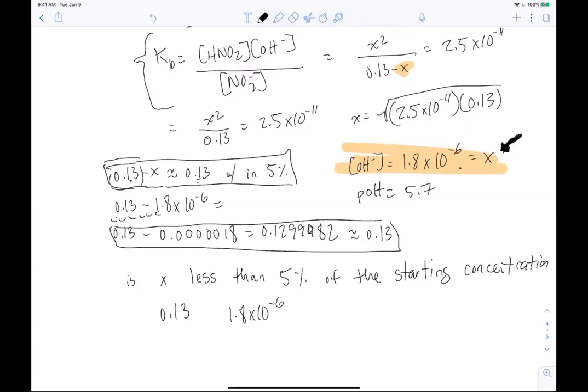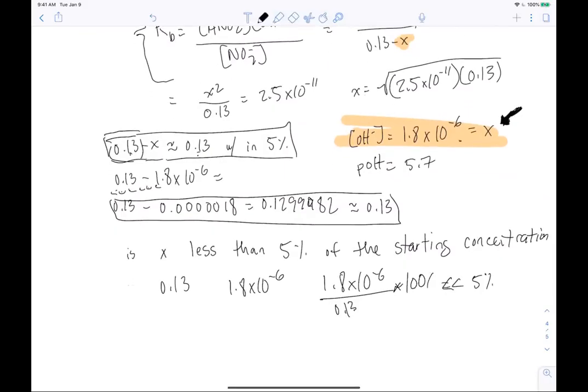So if I wanted to see if it was less than 5%, I could just divide those two numbers and multiply times 100. And I see that indeed it is significantly less than 5%. Does that kind of make sense?